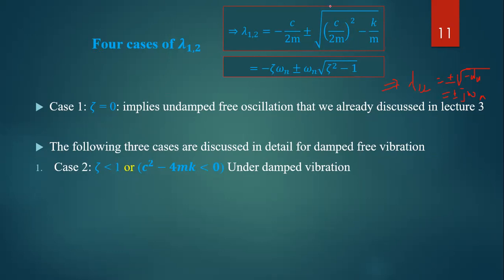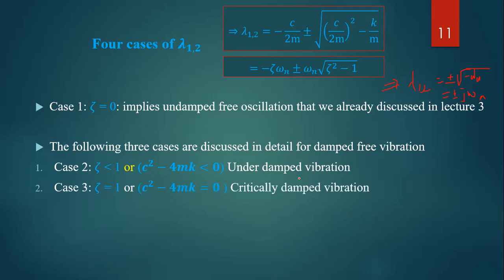When C is equal to Cc, that is called the critical damping coefficient. So we can take this term in order to evaluate that. That implies C squared minus 4mk less than 0. That is called the underdamped vibration case.